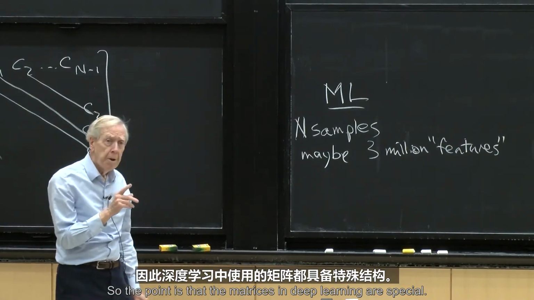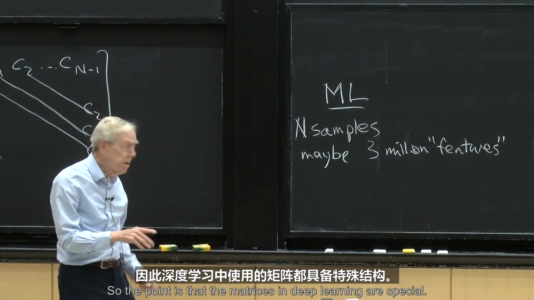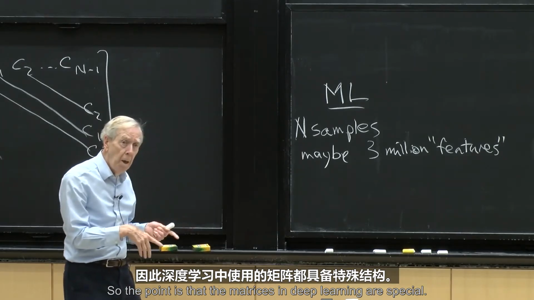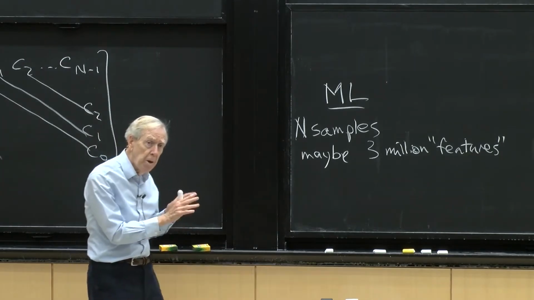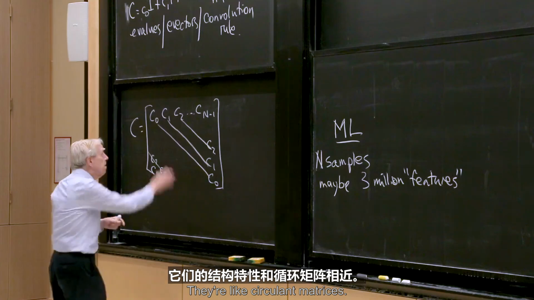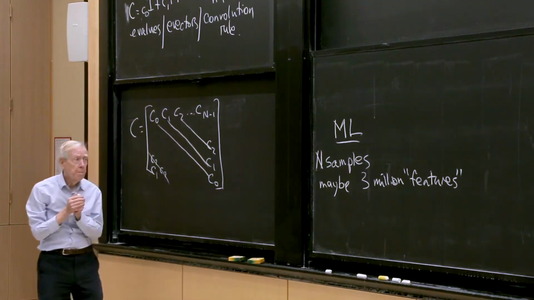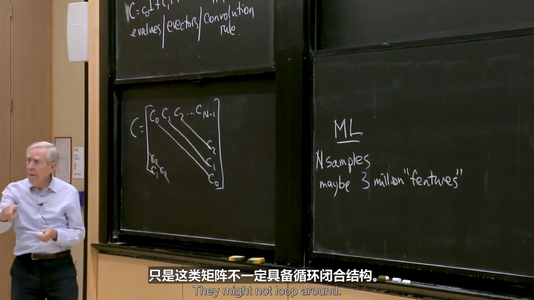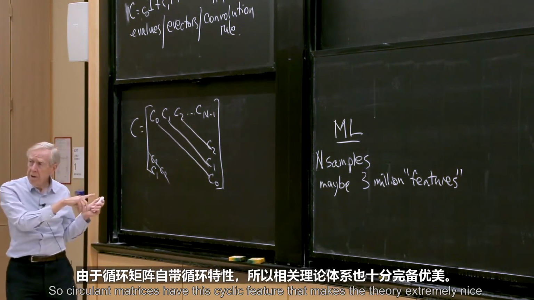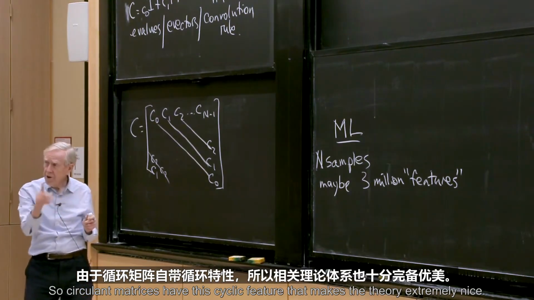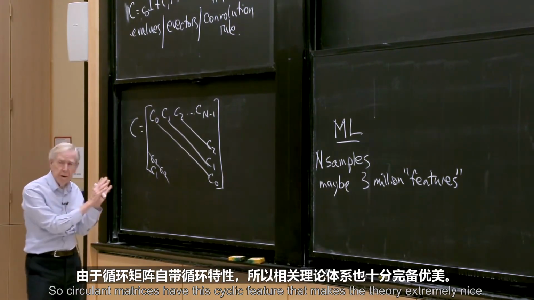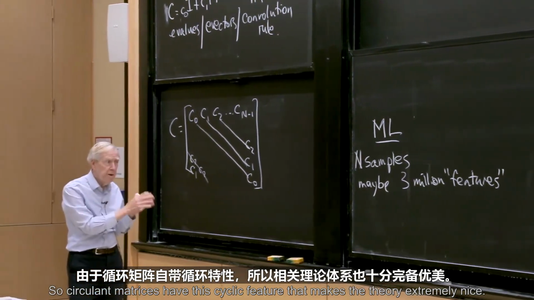So the point is that the matrices in deep learning are special, and they are like circulant matrices. They might not loop around. So the circulant matrices have this cyclic feature that makes the theory extremely nice.